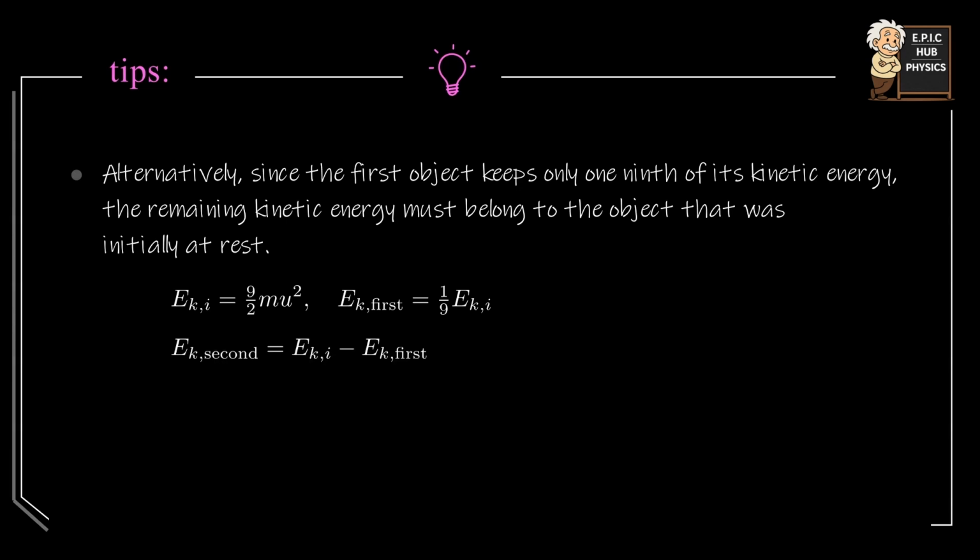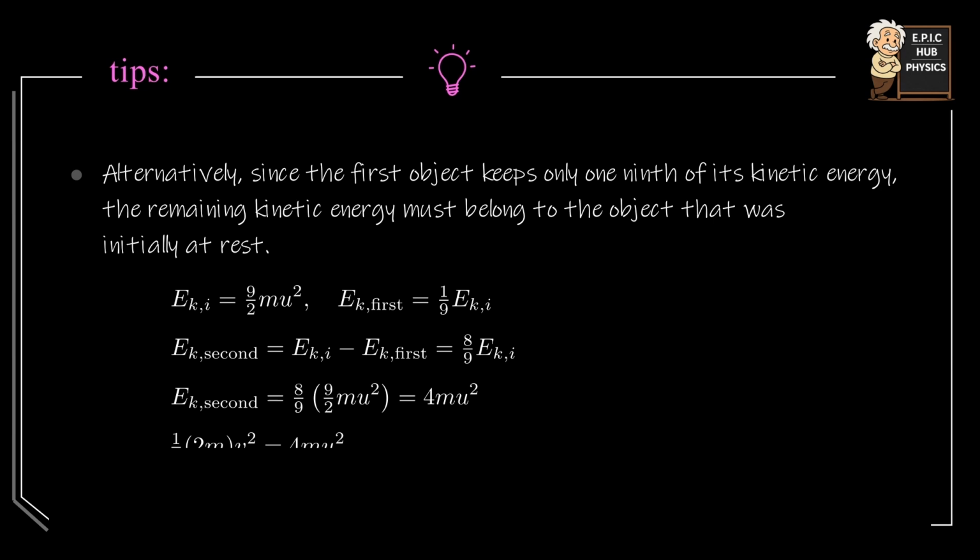Hence, the second body's kinetic energy after collision is just the difference between the total initial and the final for the first object, which then gives 8/9 of the total initial. Substituting the expression for the total initial gives 8/9 times 9/2 mu². By simplification, this gives 4mu². We then write an independent expression for the final kinetic energy for the same second object of mass 2m in terms of its speed, say v.